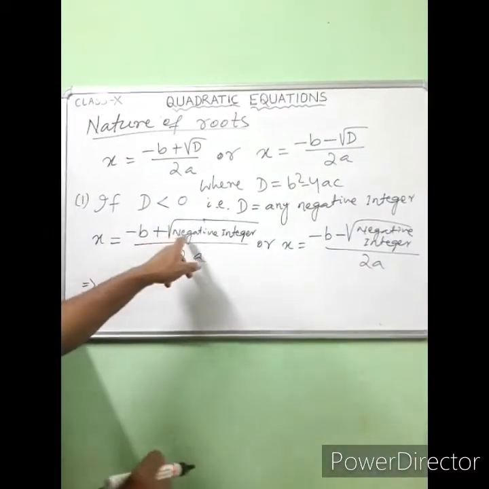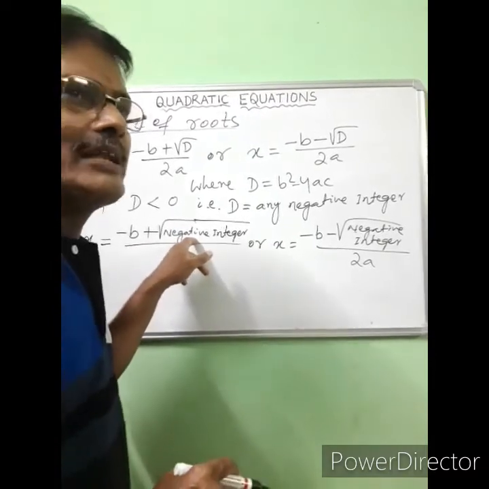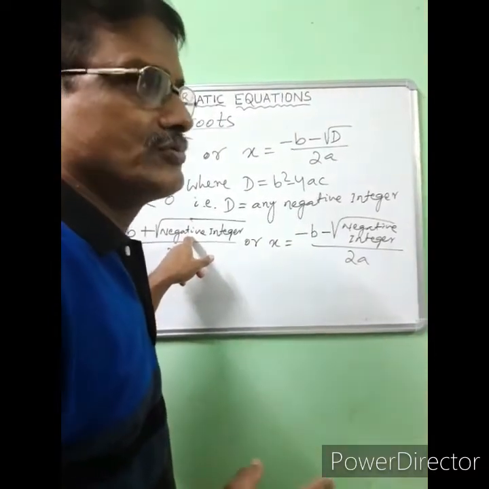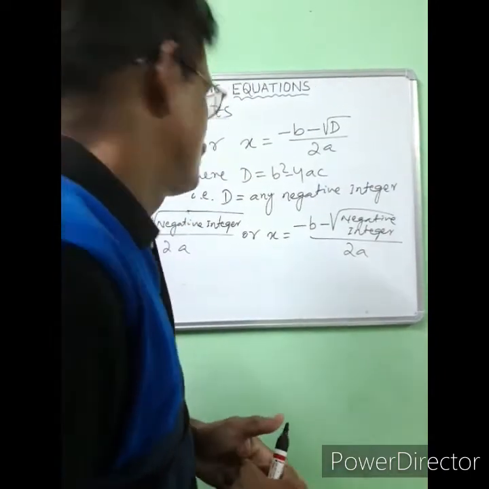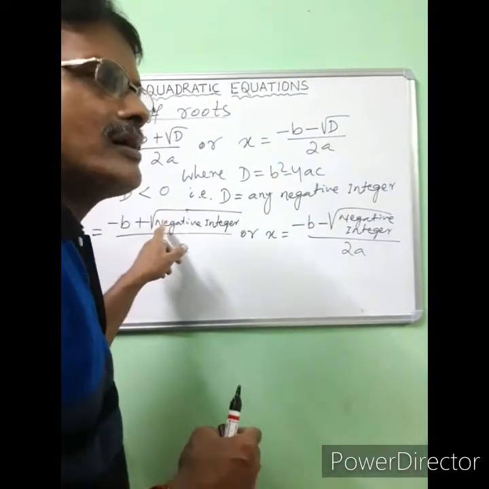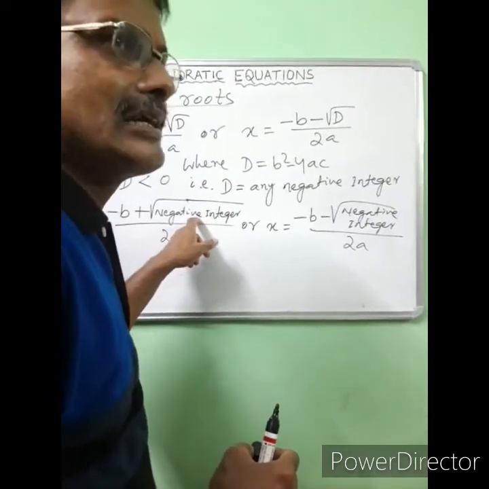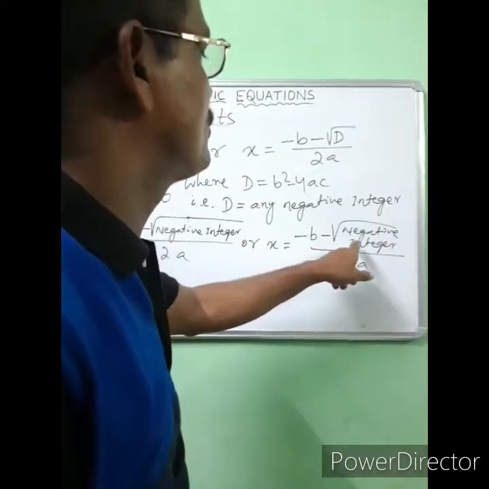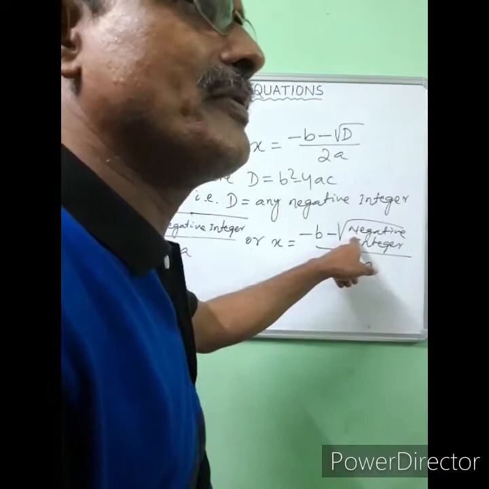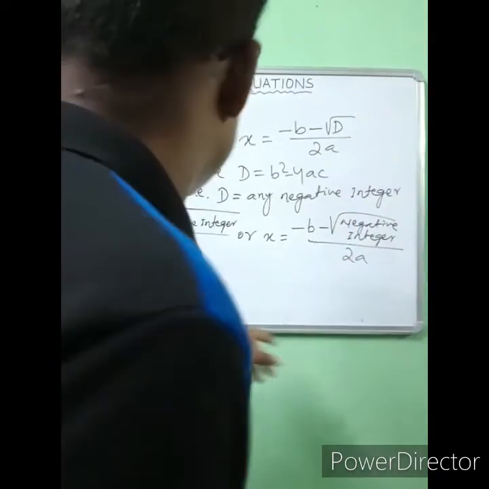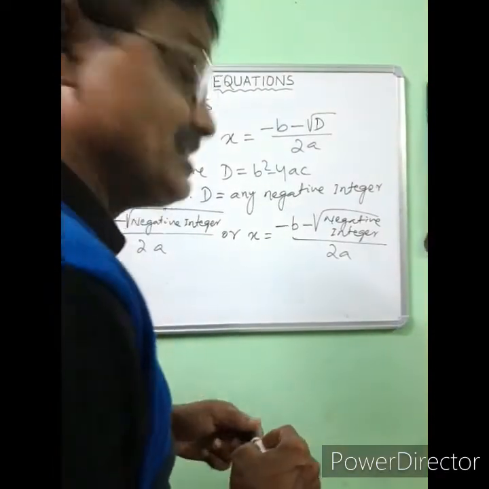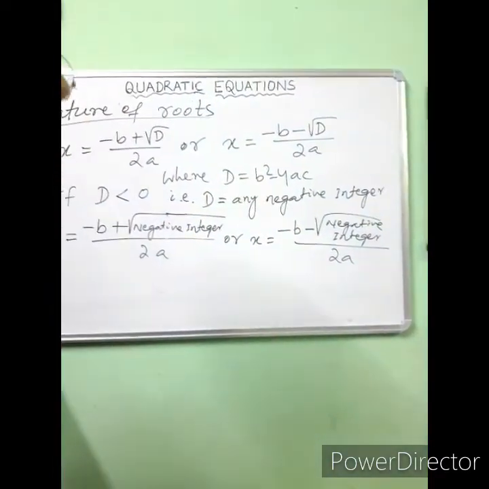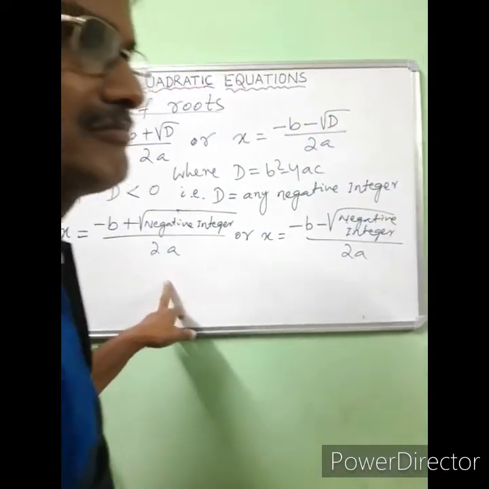So here the root over of a negative integer cannot be found. It will become a complex number. So in this case the two roots are not real.